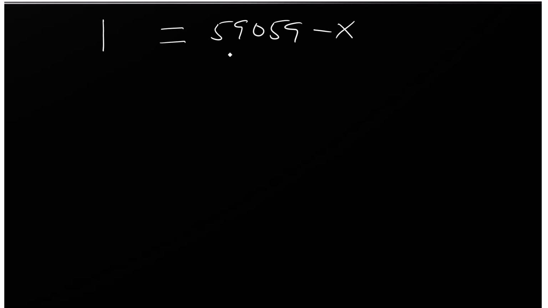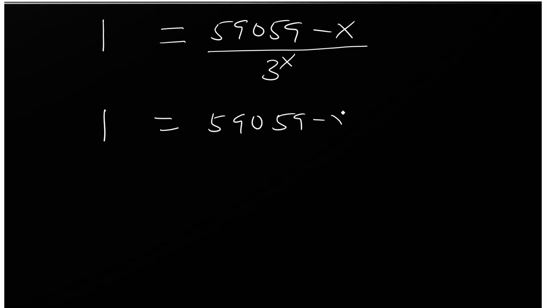So I have 1 equals 59059 minus x on 3 to the power x. We can write this as 59059 minus x times 3 to the power minus x.